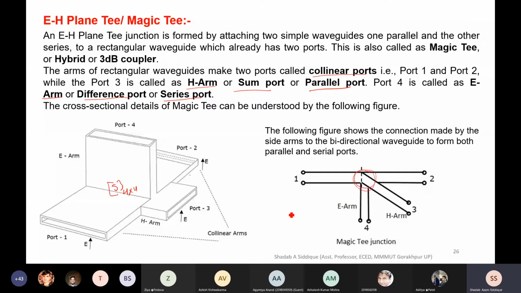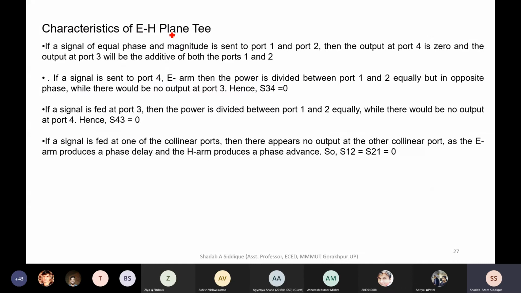Okay, so now what are the characteristics of the E plane T? So what characteristics do we have? We will use the characteristics part by part, whatever characteristics we have used for the E plane T and H plane T, we will use here also.